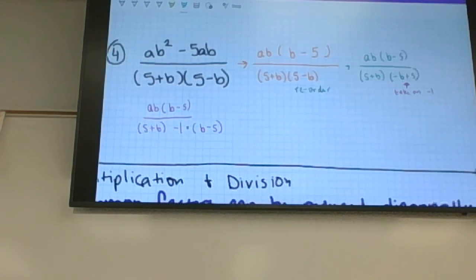When I take a negative 1 out of B minus 5, it looks like negative 1 on the outside and B minus 5 inside. And then I can cross out.